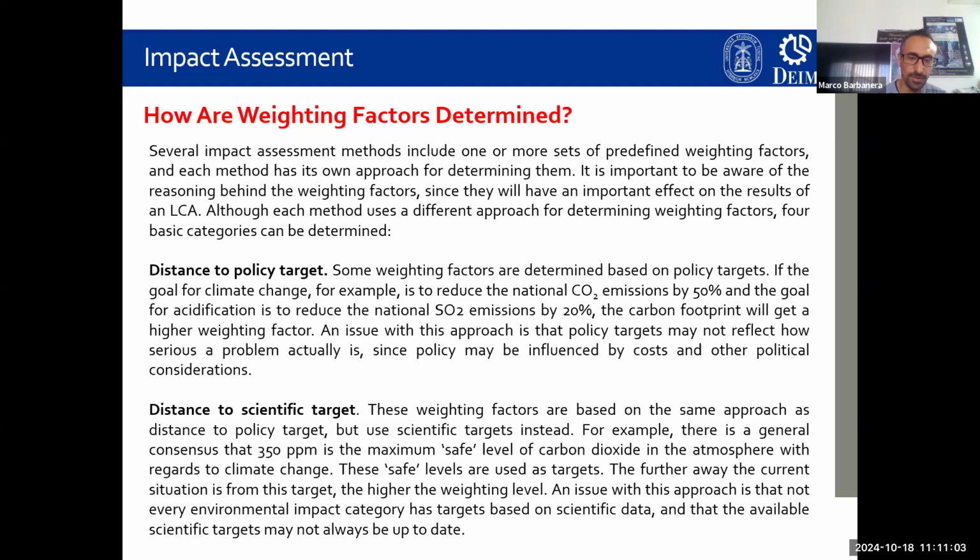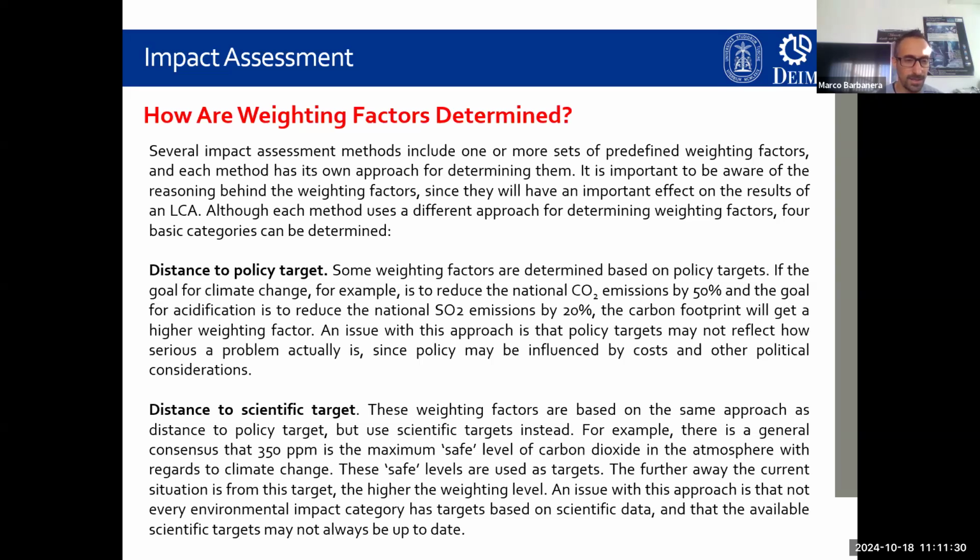To avoid this problem, if we want to apply the same method, but based not on policy targets, but on scientific targets, in this case, we can apply the second criteria, distance to scientific target.